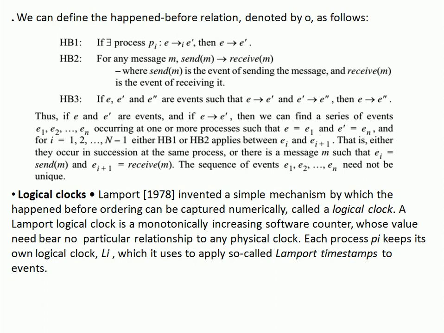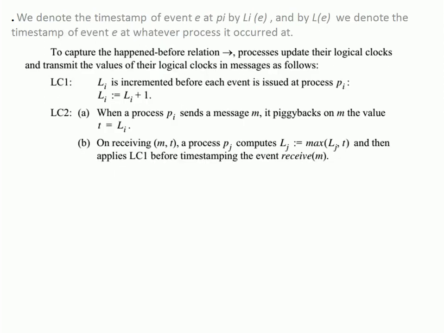Each process Pi keeps its own logical clock Li, which it uses to apply so-called Lamport timestamps to events. In a process Pi, a software counter is maintained which increments its value by 1 as time goes on. That timing is maintained in each process, with each event occurring in the process. That is a logical clock.